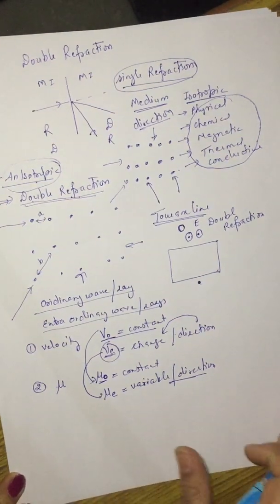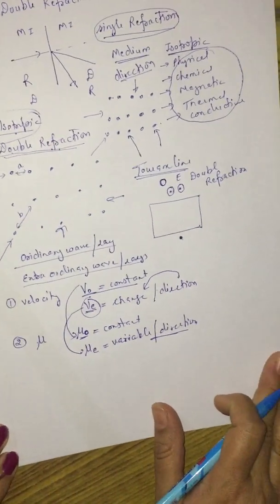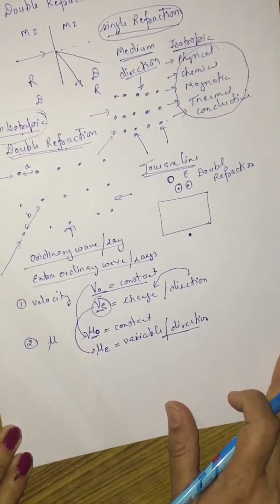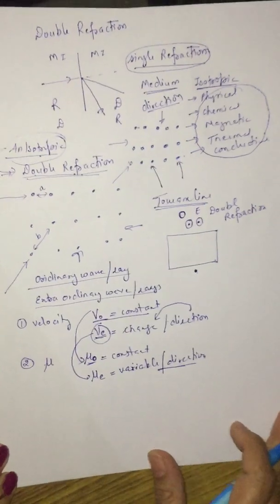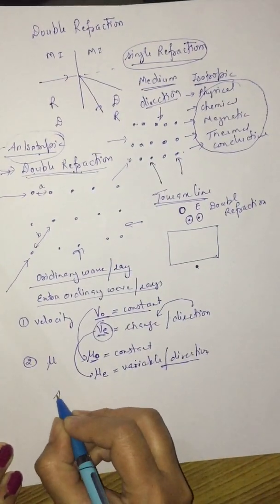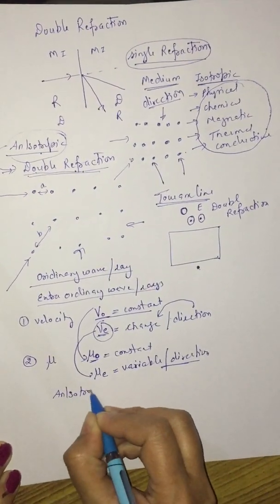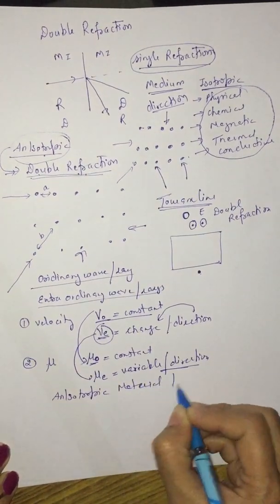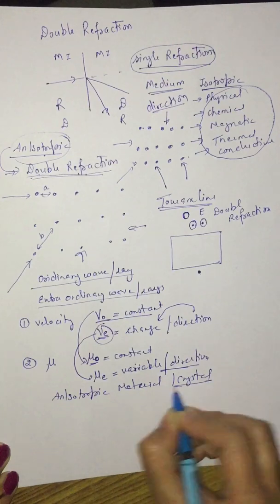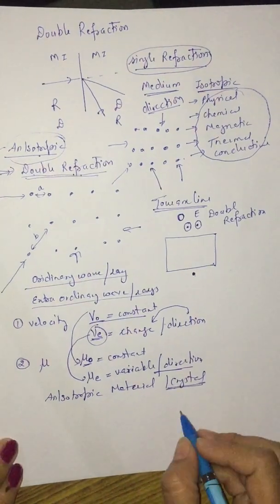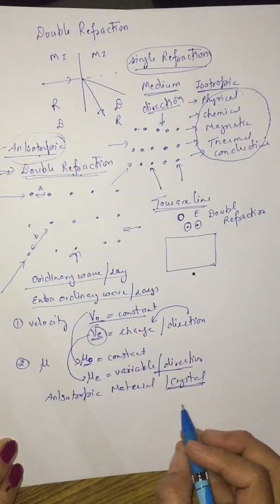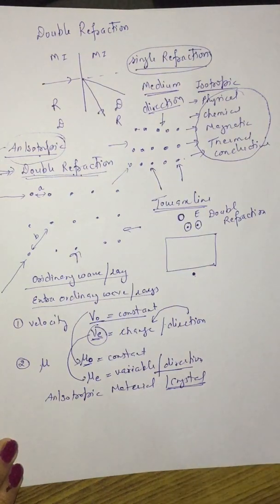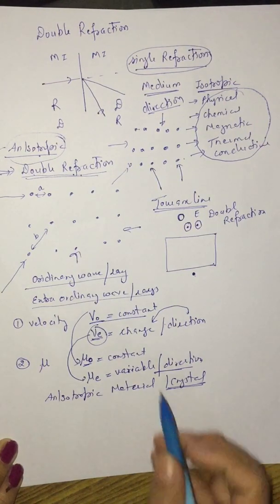Now we will discuss their polarization nature. Let us consider we are again taking an anisotropic material or an anisotropic crystal, and we are using this crystal to study the polarized behavior of the waves.